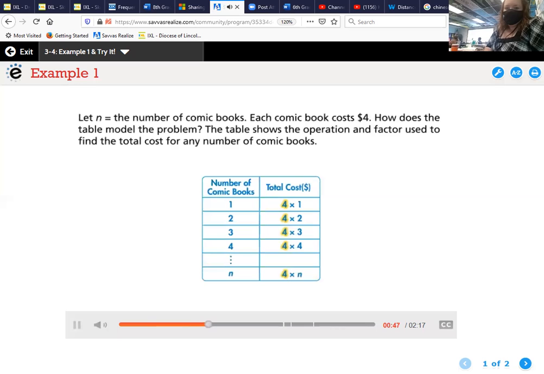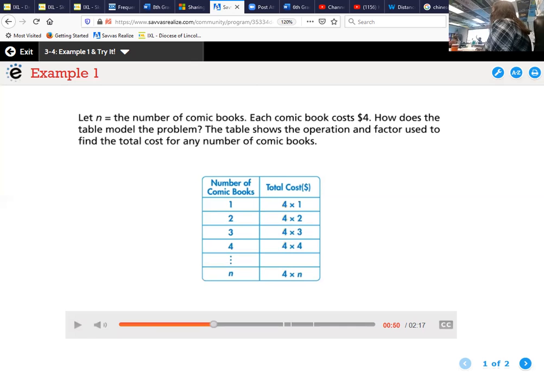How does the table model the problem? Okay, so we'll start with that. How does the table show how much money comic books cost? Josie? Yeah, and then how does that show that though?